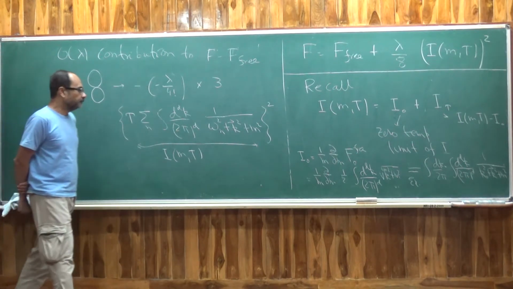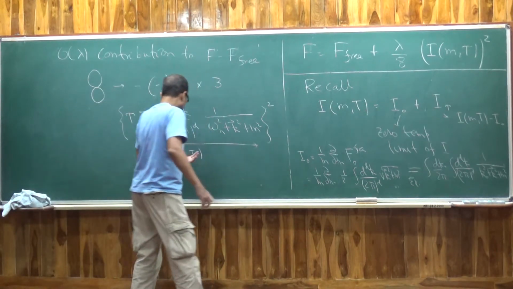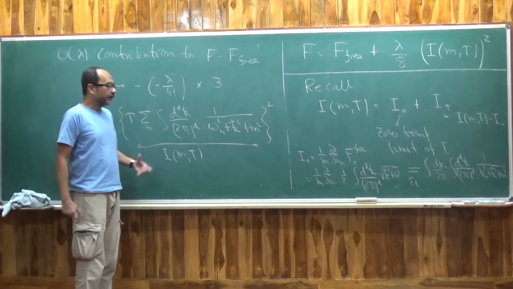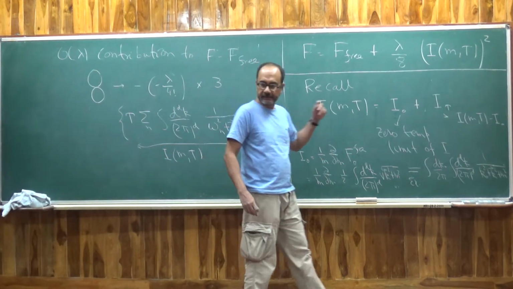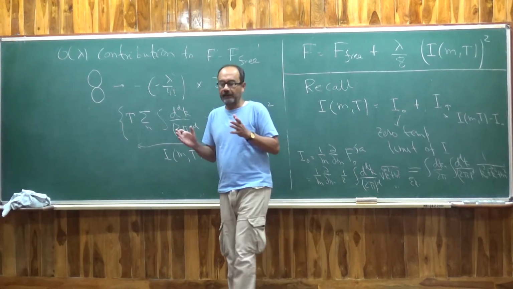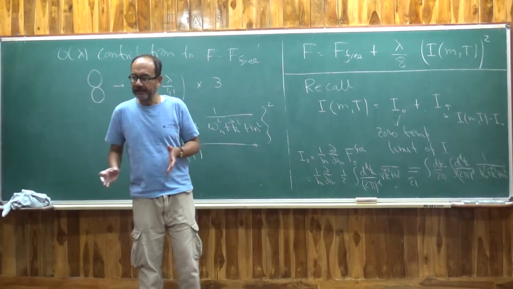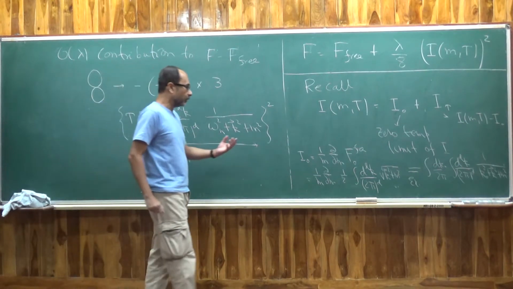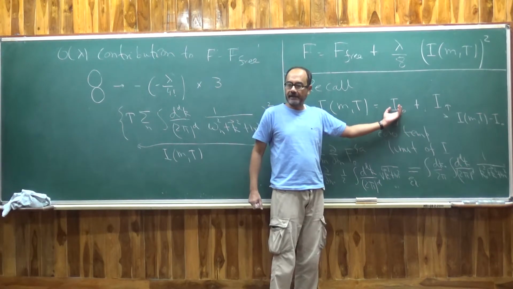Okay. Now, today of course we have got the result in terms of I, right? So why did we split it into I0 and IT? I could have just worked with I. The reason that we split it into I0 and IT is because, if you recall the discussion last time, I0 had ultraviolet divergence.